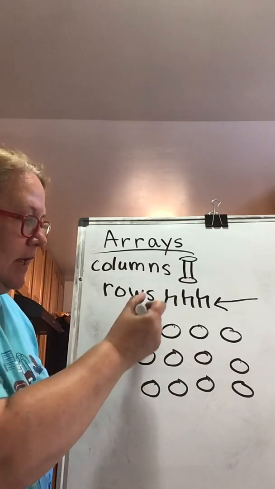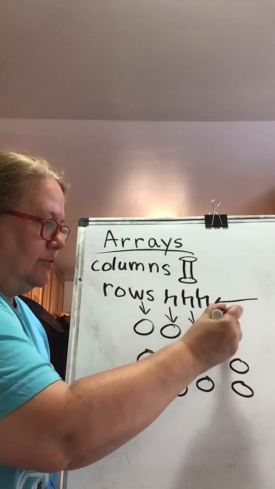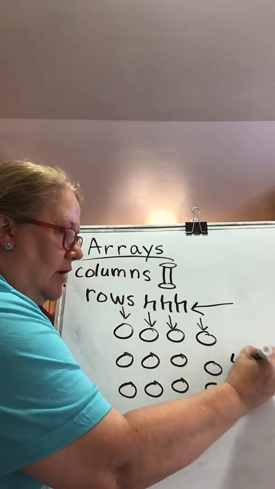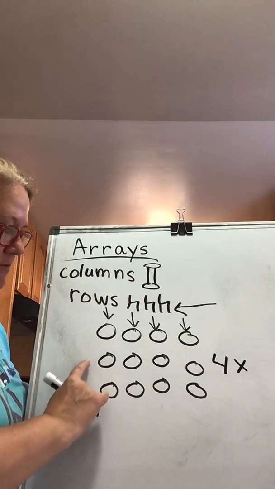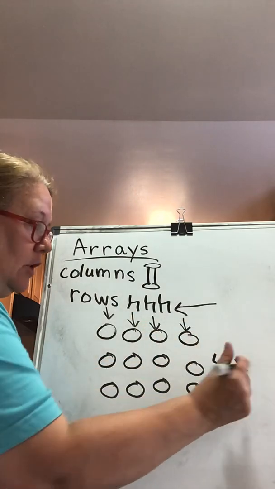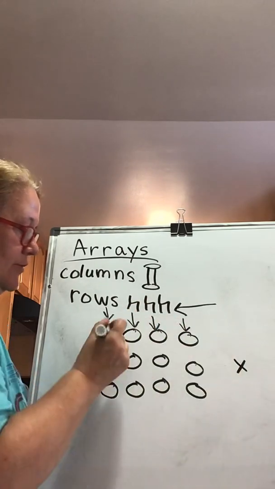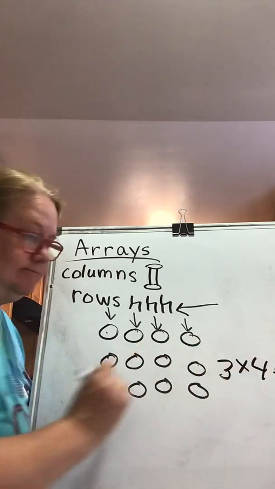Here we go. How many columns do I have? 1, 2, 3, 4. Okay? I'm counting by 3s. How many times? 1, 2, 3, 4 times.